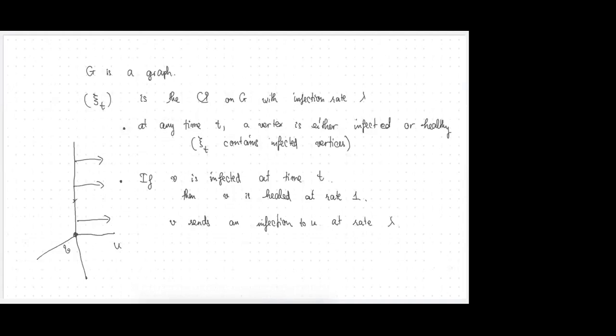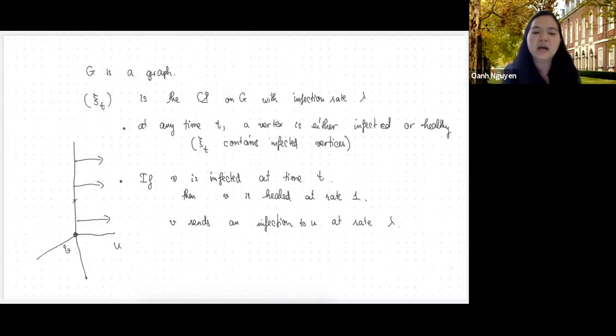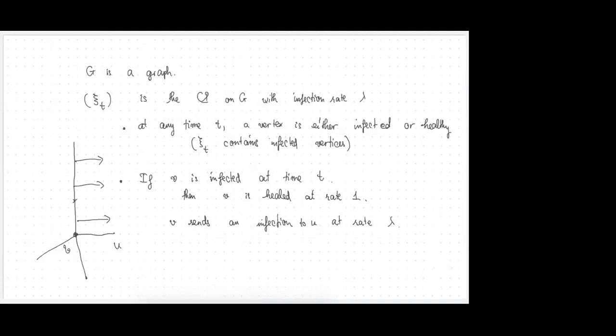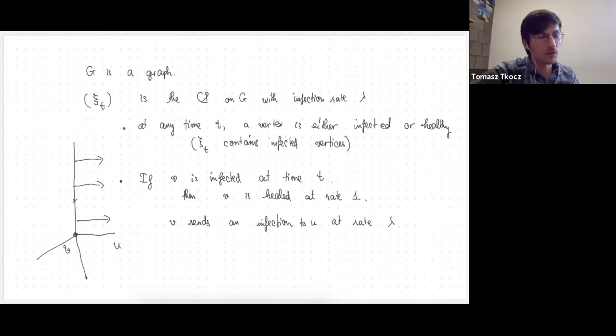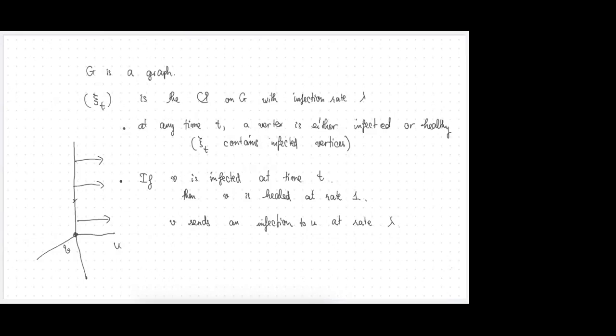One question. This X_t, these are random numbers, am I right? C_t is random, yes. But C_t contains infected vertices. So it's a set, it's a set of vertices.